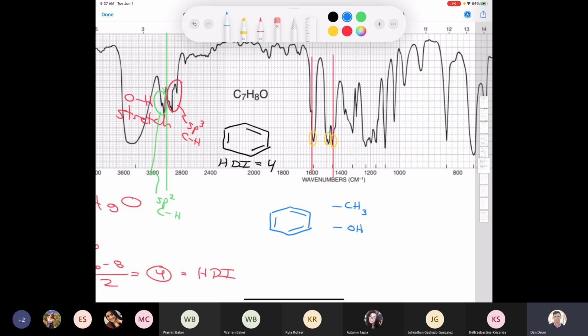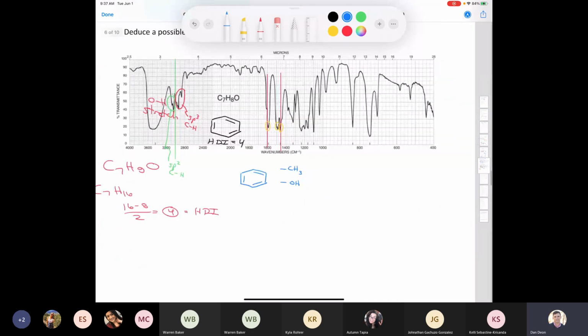One possible way that you could put all this together would be to have an aromatic ring with a methyl group on it, and then a hydroxyl like this. In terms of the arrangement of the methyl group and the hydroxyl, it could be like that, it could be like this, it could be like this.